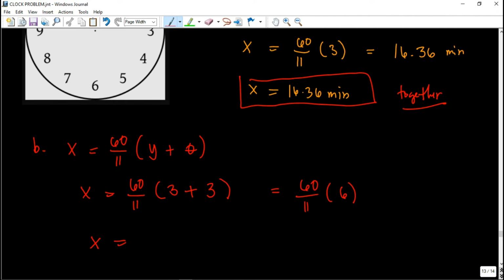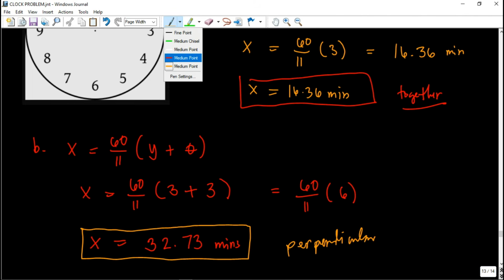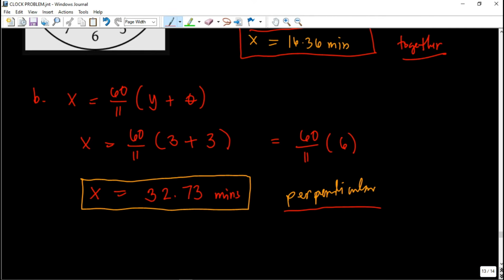Okay, after that is 32.73 minutes. So, after 32.73 minutes, the hour hand and minute hand are perpendicular to each other. Okay, ganun lang kabilis guys if you are using this formula. Okay, for letter C naman.